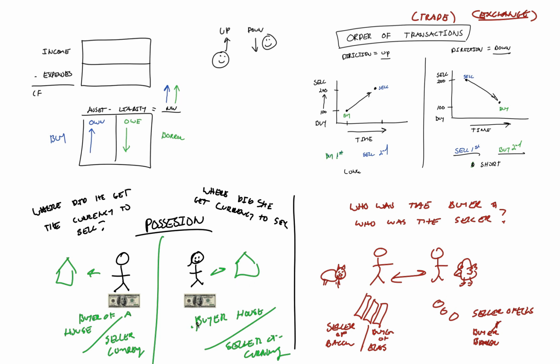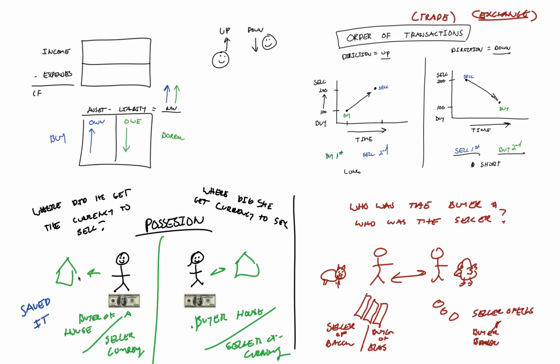So I'm going to ask this happy little man right here, hey, happy little man, where did you get this money to buy your house? And he says, well, Andy, I'll tell you where I got this money. I saved it. It's my money. That's where I got it, and so I can make this transaction.